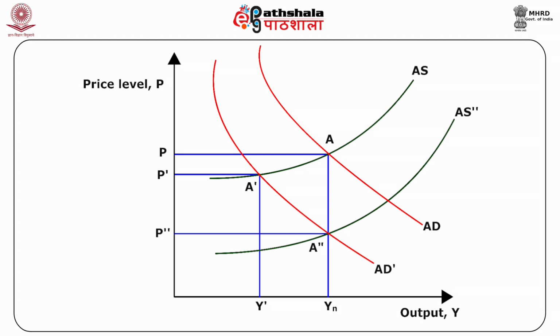The aggregate demand curve shifts to the left from AD to AD dash. For a given level of price, output is lower. In the short run, the equilibrium moves from A to A dash, output decreases from Yn to Y dash, and the price level decreases from P to P dash, and interest rate also decreases.